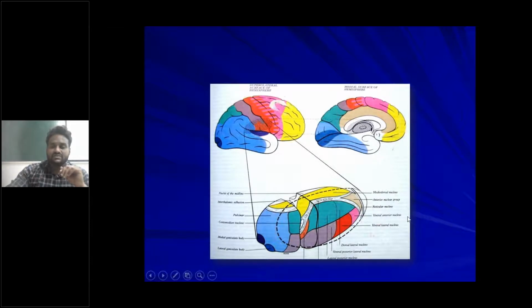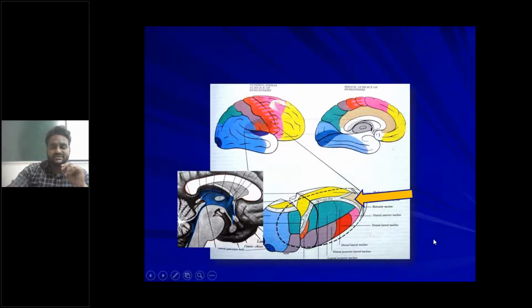What fibers are passing through the nuclei or relaying within the nuclei of the thalamus, which areas they connect, and what are the functions of the nuclei. Earlier I mentioned the number of thalamic nuclei, but I'm going to explain only a few, only the important nuclei. For the rest of the nuclei connections, if you want, go through your theory book.